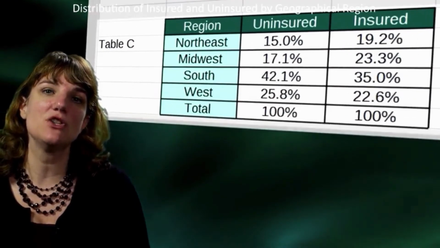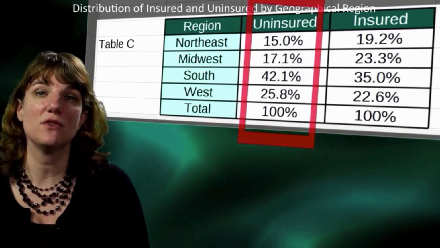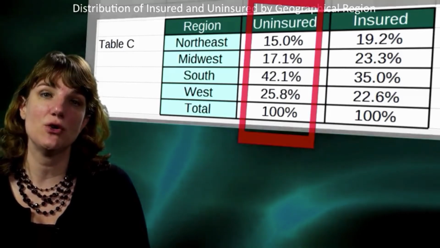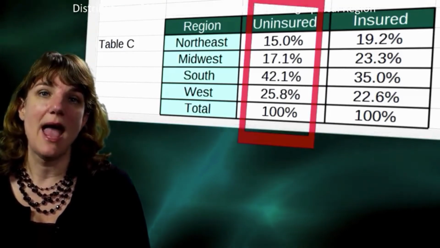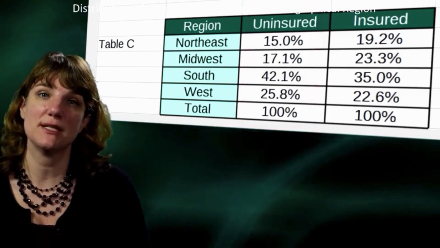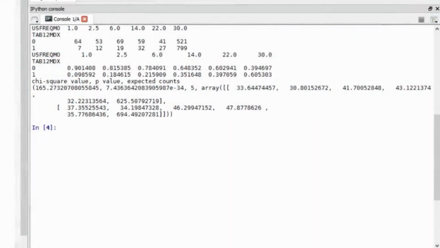Finally, Table C shows column percentages. Each cell includes the percent of observations within column, that is within groups, either insured or uninsured. Adding down the columns gives us 100% of observations by insurance status. So which of these percentage types should we calculate when trying to interpret the chi-square results for smoking frequency and nicotine dependence?